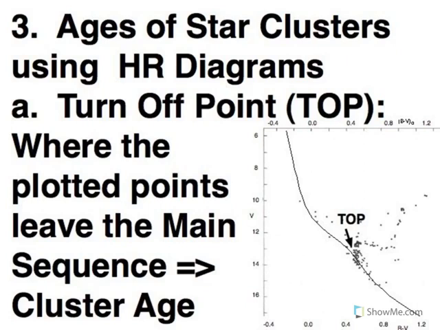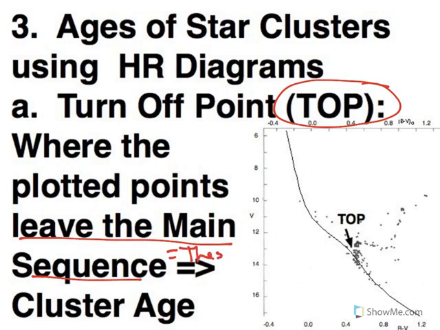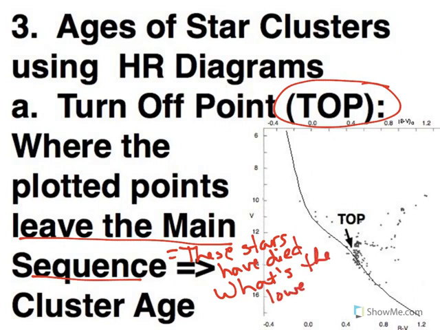So what we're going to look for is called the turnoff point, or top for short, because where they leave the main sequence means these stars have died. And so what we're looking for is what's the lowest mass that has died, and how long do those stars live?